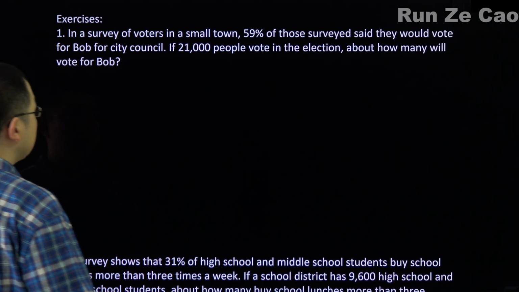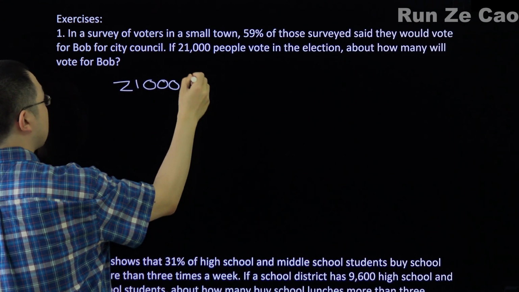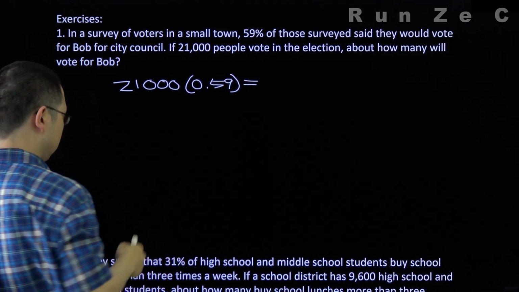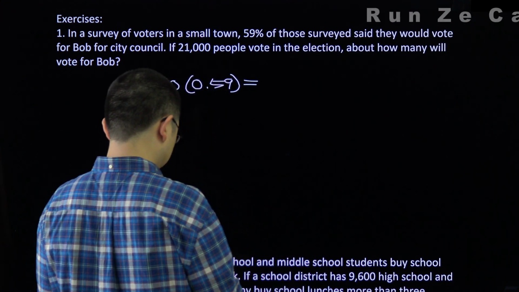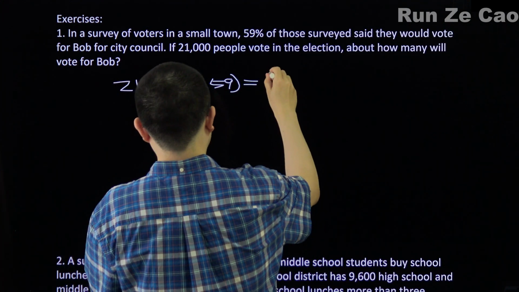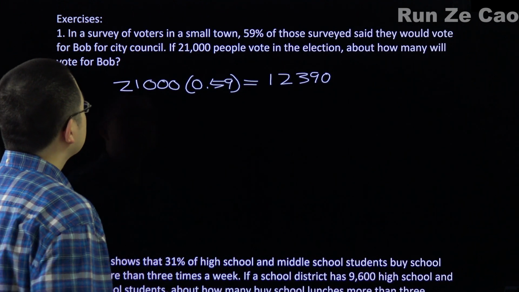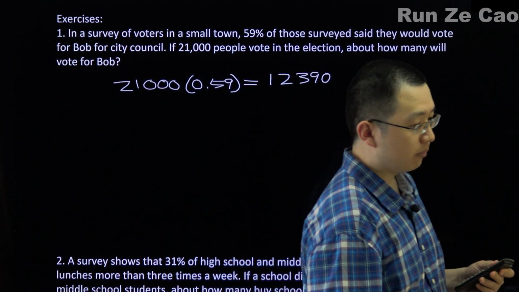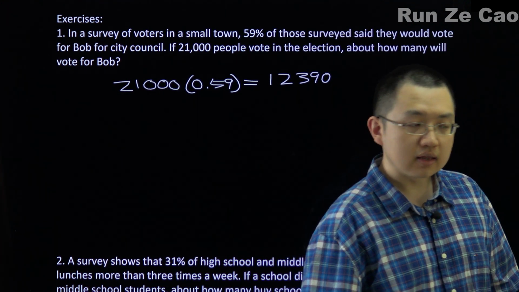So, you're looking at 21,000 times 0.59, which is equal to 12,390. So about this many people will vote for Bob if the survey has accurately represented the population.